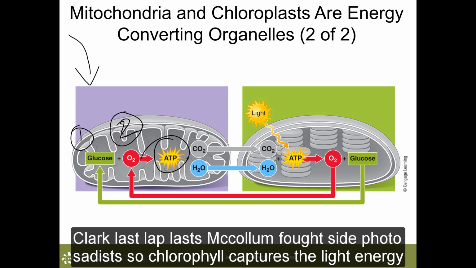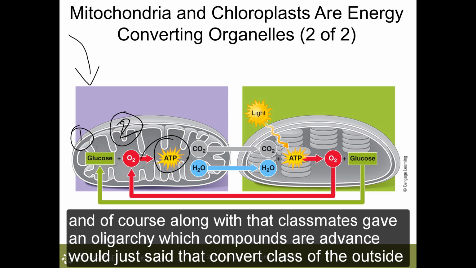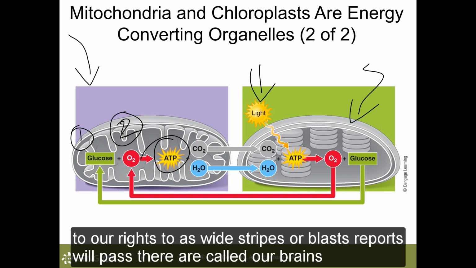So chlorophyll captures light energy and, along with that, ATP and other energy-rich compounds are produced to then convert carbon dioxide to carbohydrates. So light strikes the chloroplasts and their thylakoid membranes.